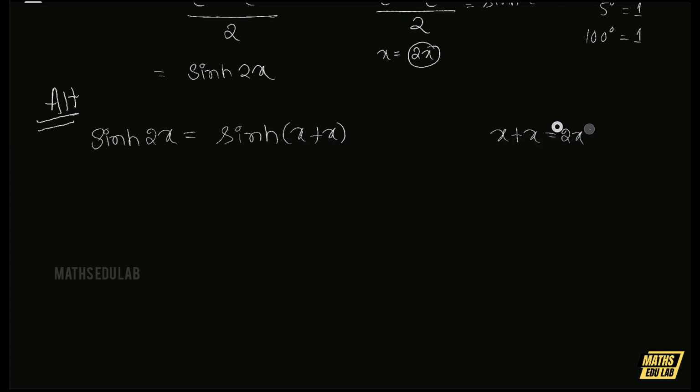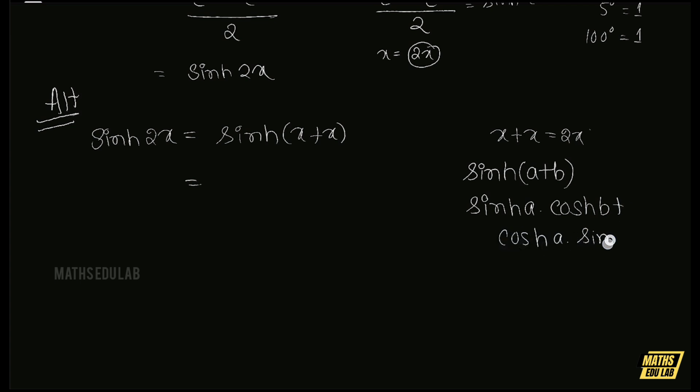So I can split this 2x as x plus x. Now this is in the form of sine hyperbolic a plus b. We know the value for the sine hyperbolic a plus b, which is nothing but sine hyperbolic A into cos hyperbolic B plus cos hyperbolic A into sine hyperbolic B. So this is the formula for the sine hyperbolic A plus B.